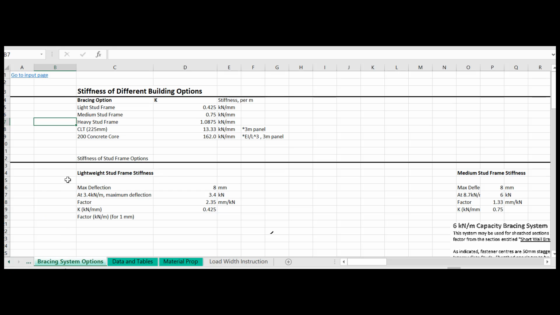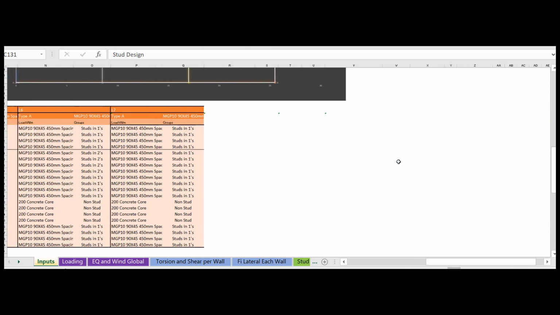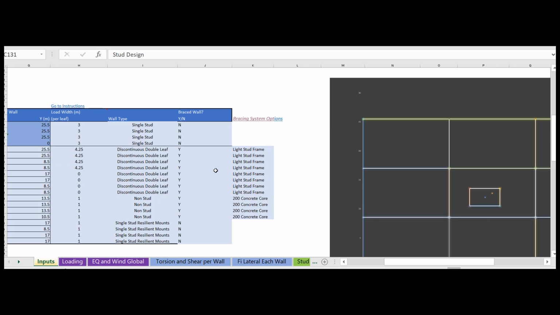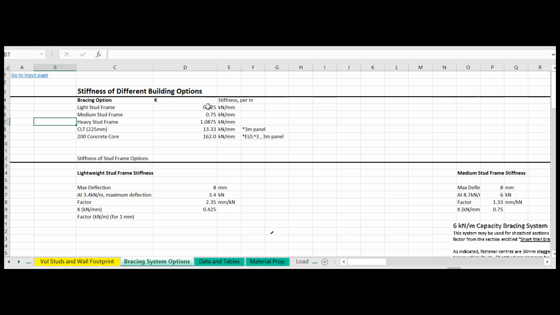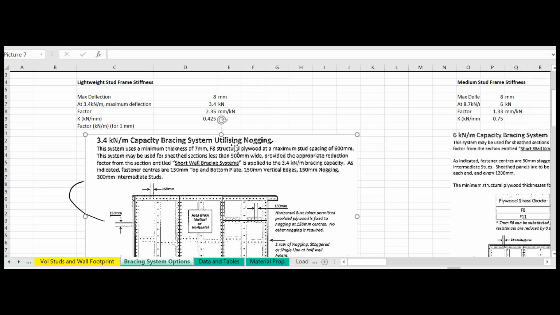So for the bracing, the different bracing system options can all be found here. If you go to the input page, whatever they choose, say heavy stud frame, medium stud frame, CLT or concrete, the calculations can be found here. For the lightweight, this can be found in the EWPAA website and the manual. For a 3.4 kilonewton per meter capacity bracing system, it works out to be 2.35 millimeters per kilonewton, and so forth.